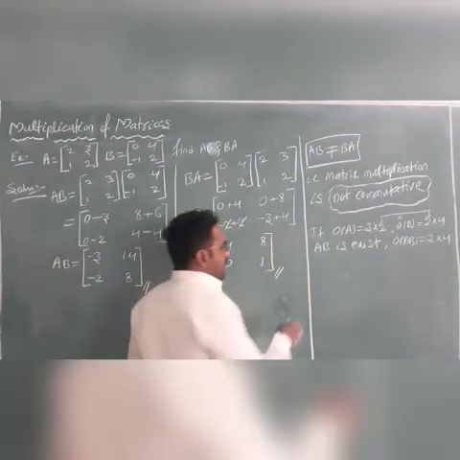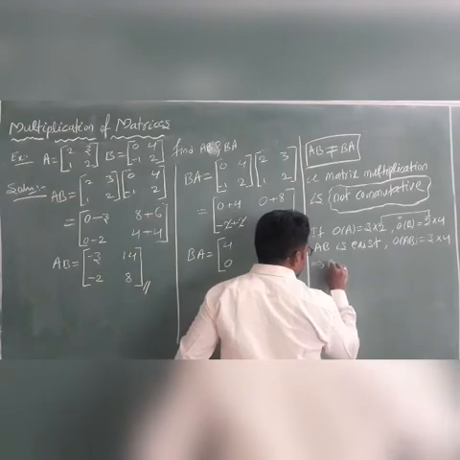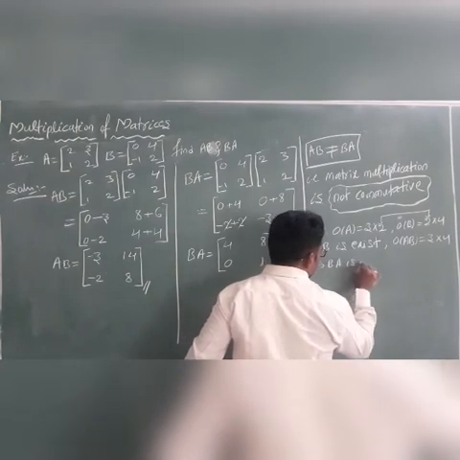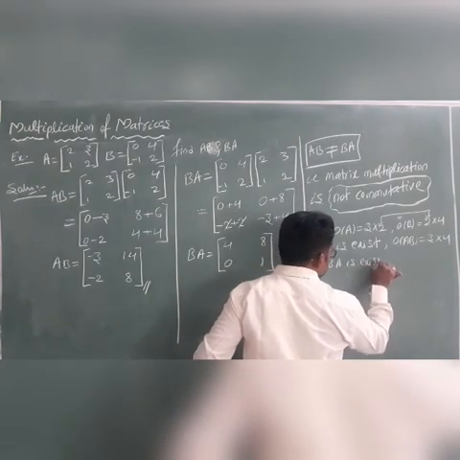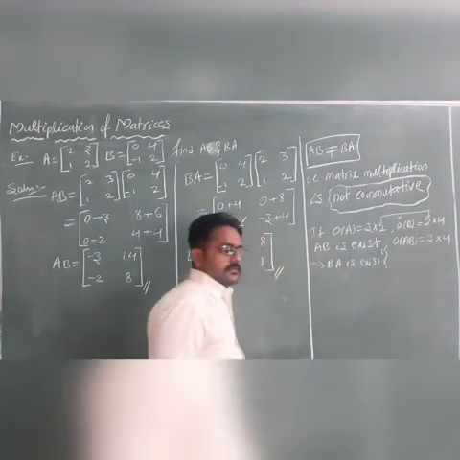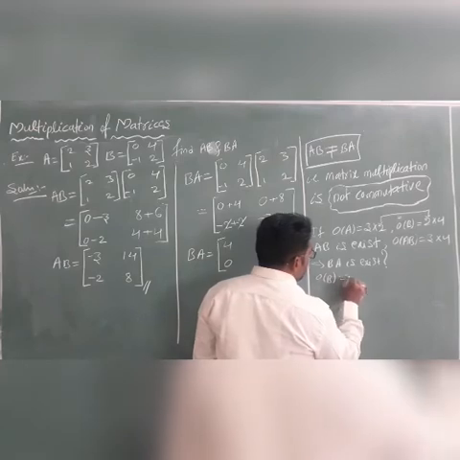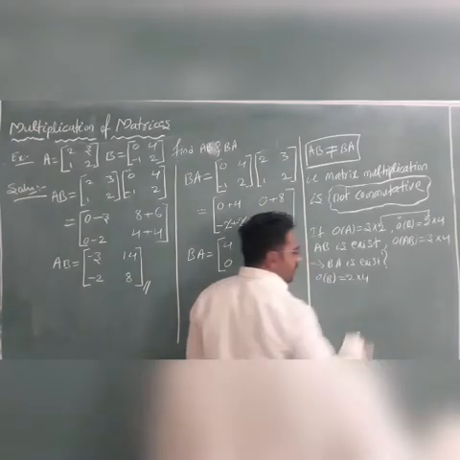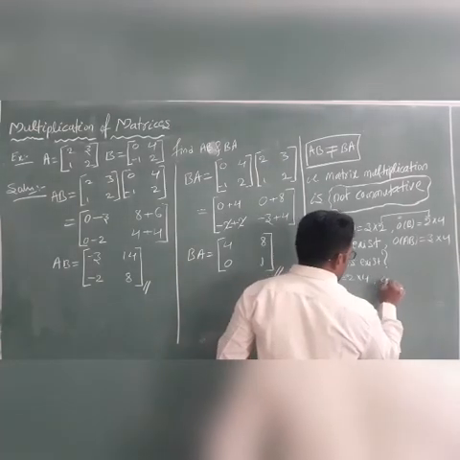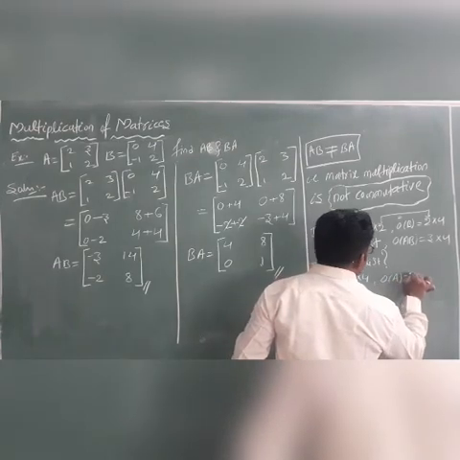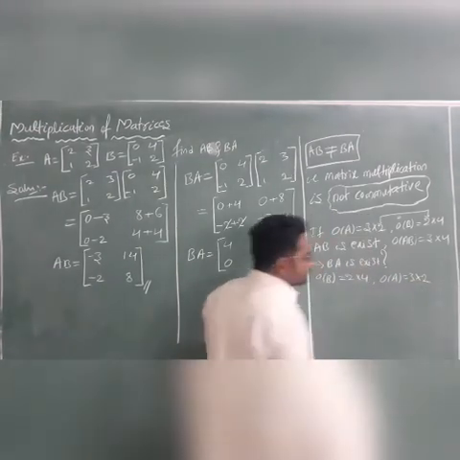Okay. And next, does BA exist? Observe, students. The order of B is given as 2 by 4 and the order of A is given as 3 by 2.